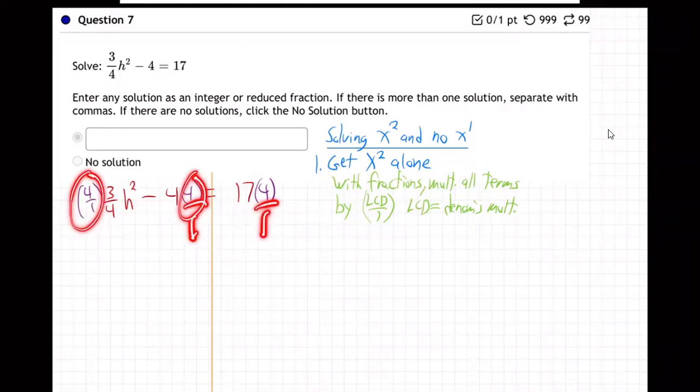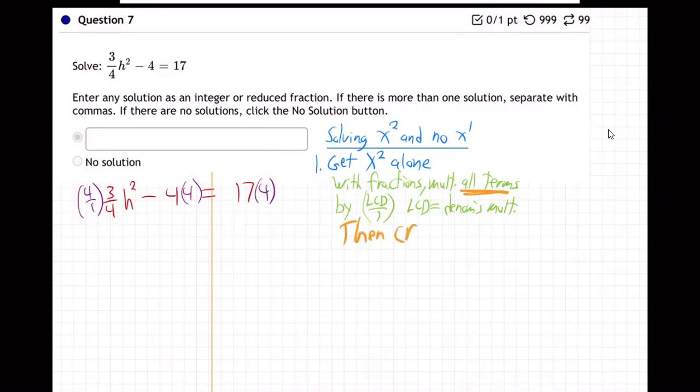When I put a 4 next to something that's just a whole number, it's not a fraction, I don't make it 4 over 1 because it's not a fraction. So just write 4, but it's the same thing. So I multiplied all 3 terms. That's important, right? All the terms by the LCD over 1.